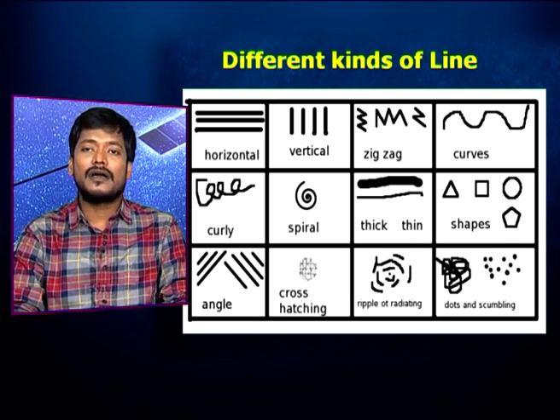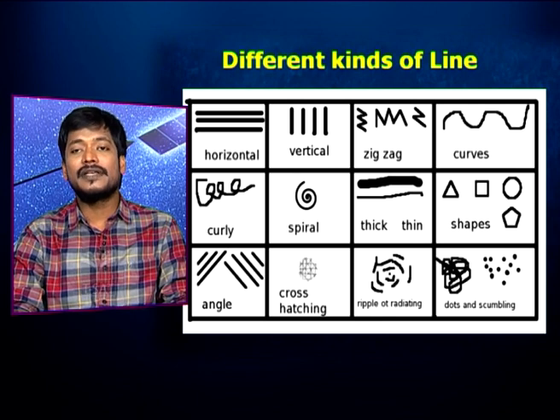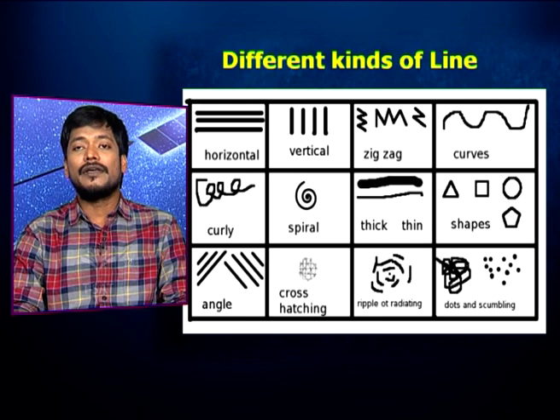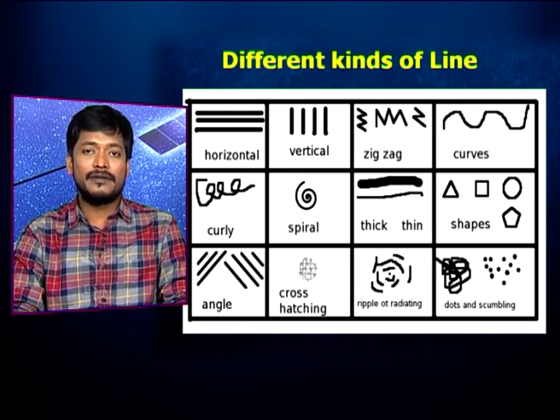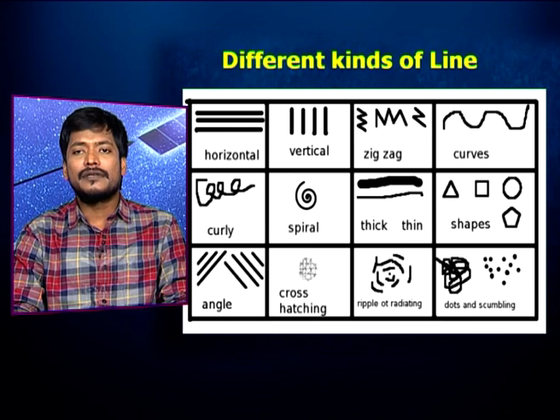Zigzag lines, curved lines, curly lines, spiral. You have thick lines and thin lines, and lines made out of different kinds of materials: pencil line, pen line, brush line, charcoal line, and you can use various other materials, pastel, various other mediums to create lines.